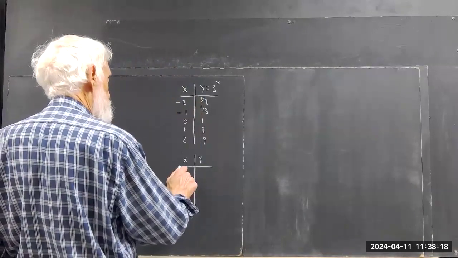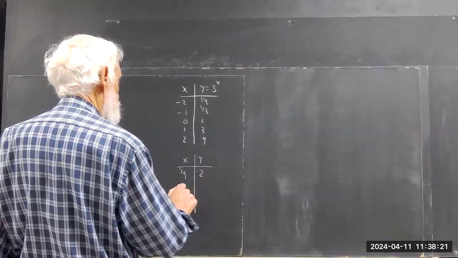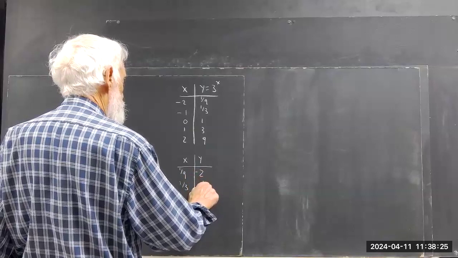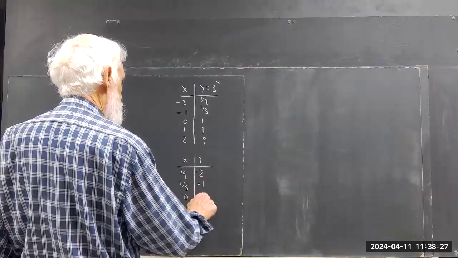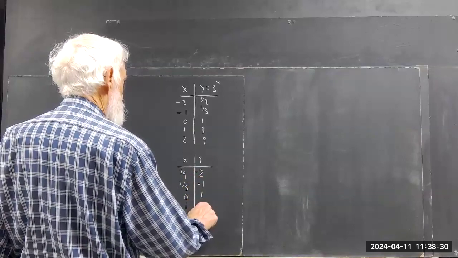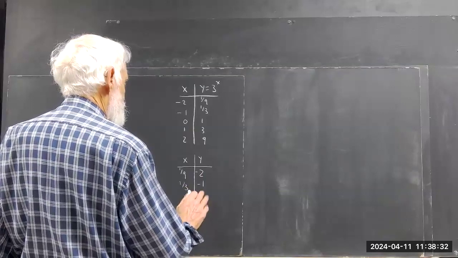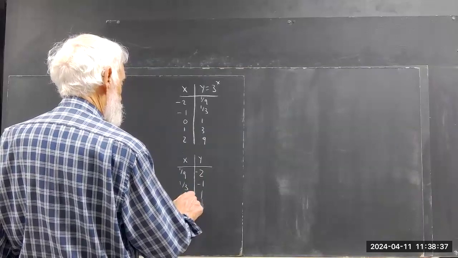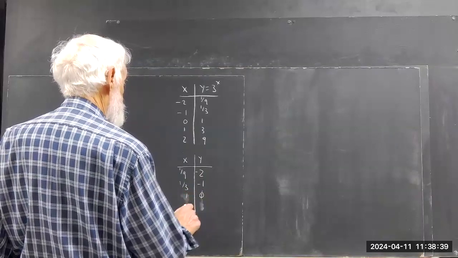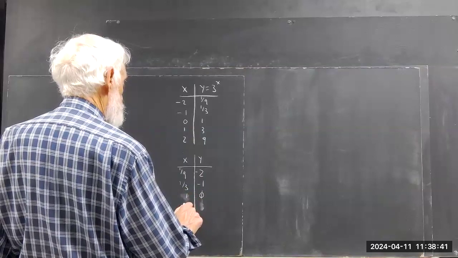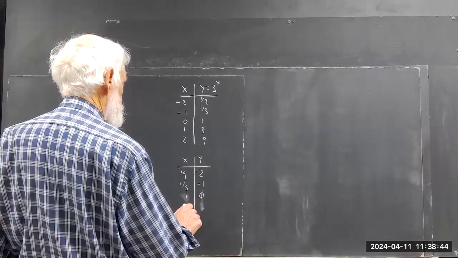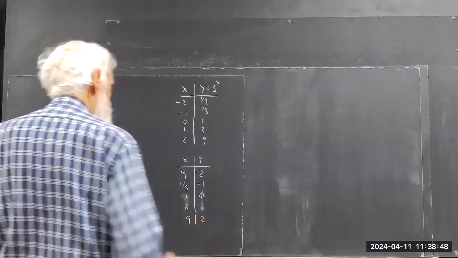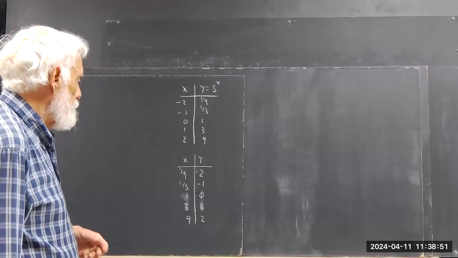So if we switch the columns, we have 1/9, -2, we have 1/3, -1, we have 1, 0, we have 3, 1.